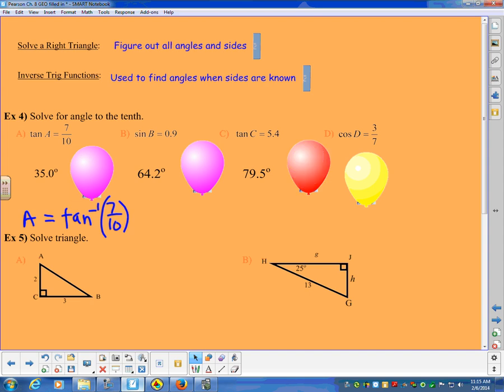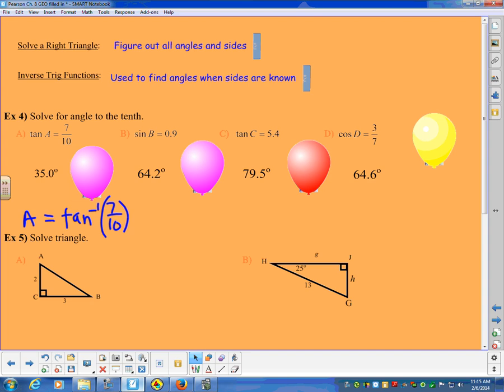Let's see if you can do angle D. Find angle D on your calculator. Hit second, scroll down. Anybody else need help? Should get 64.6.